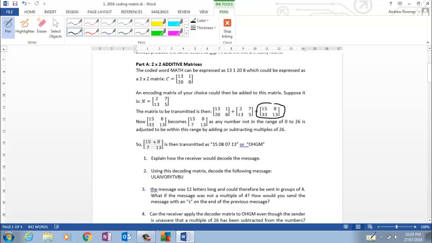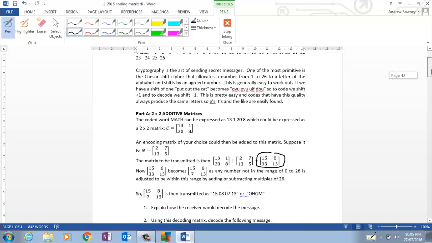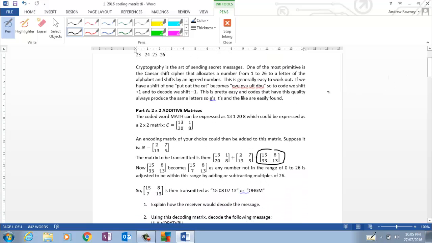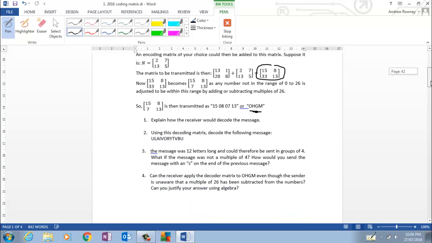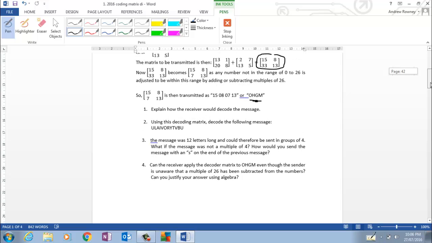Now we can read what the letters of those corresponding numbers are, and if you look up at the top and you look at 15, that corresponds to O, etc. So math gets coded as OHGM, and that gets sent through the airways to our receiver, and then their job is to decode it.